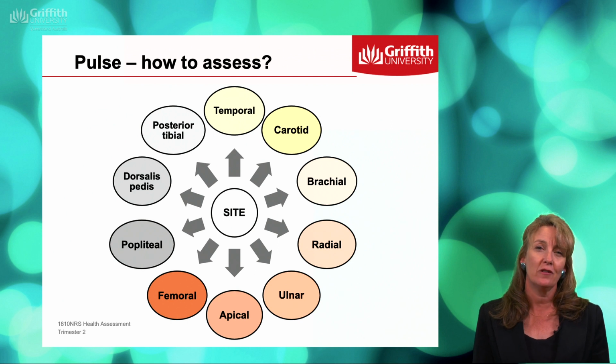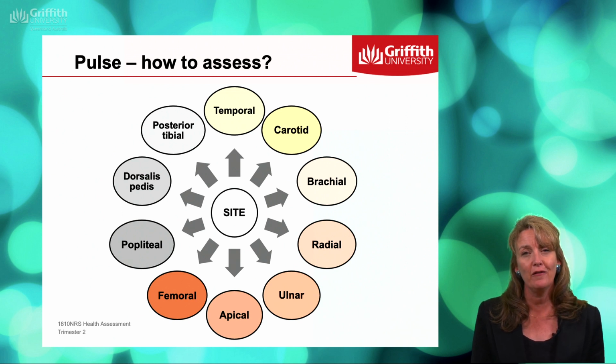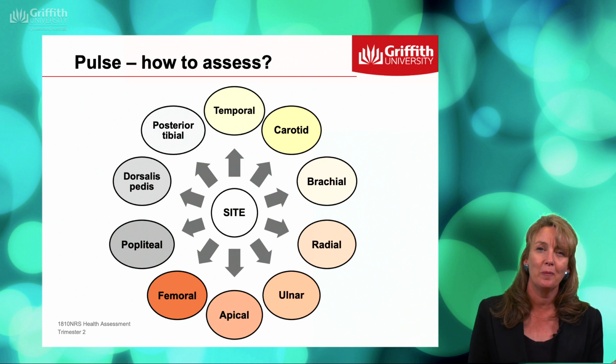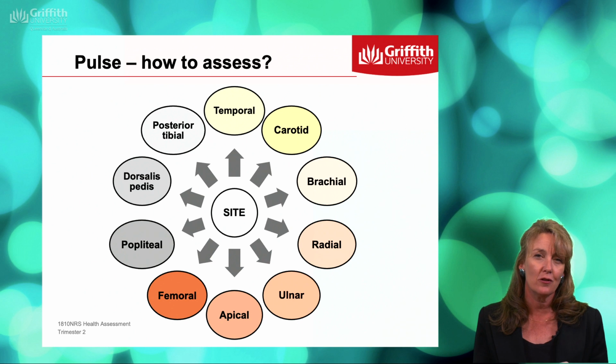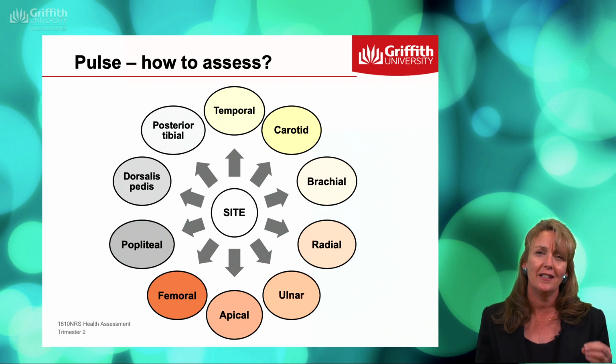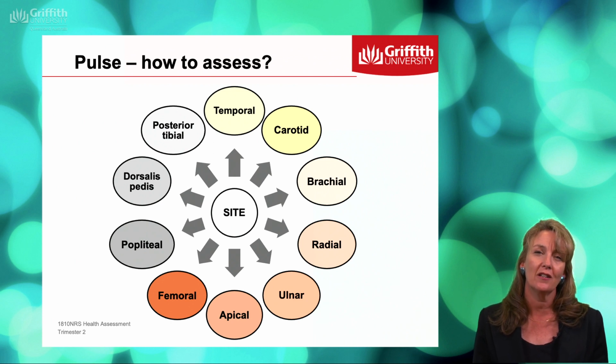We also have an interesting one. Those are the pulses that I've mentioned. We also have an impulse, and that is the apical impulse. If you've ever laid on the left side of your body and felt your heart moving against your chest wall, it's not strictly a pulse, because it's not a wave felt through your blood vessels. It's actually your left ventricle moving against your chest wall, and that's why it's called an impulse.